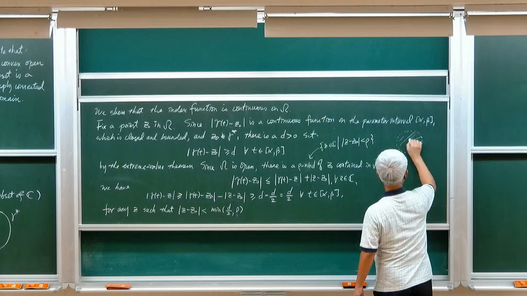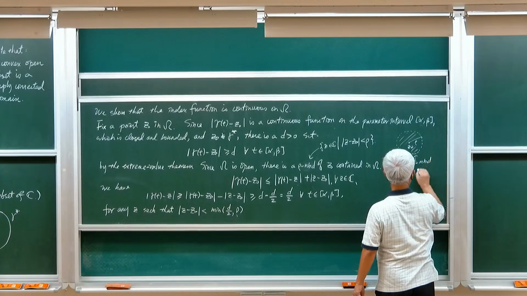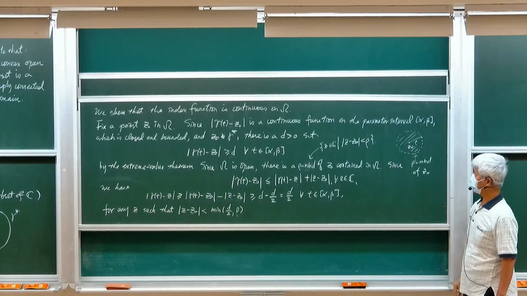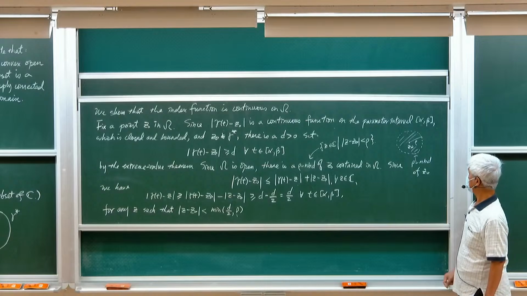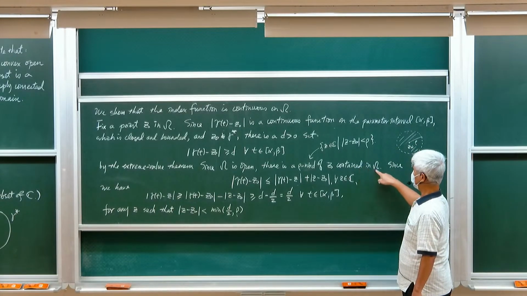So this is a rho neighborhood of z0, and this rho neighborhood must be contained in omega.